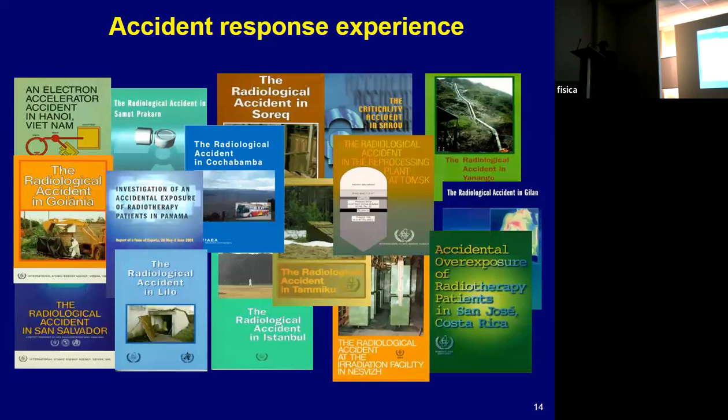The deterministic effects of radiation occur when exposed to high doses. The scientific basis for assessing the risk of developing these effects is the result of studying the consequences of accidental exposure of people.